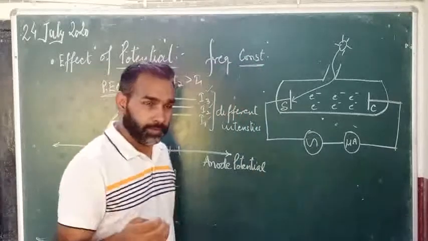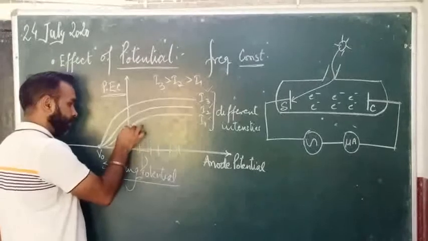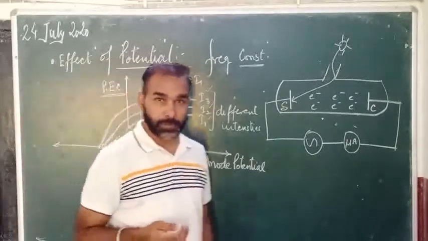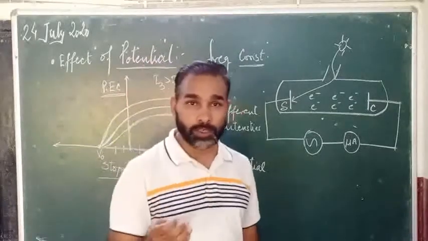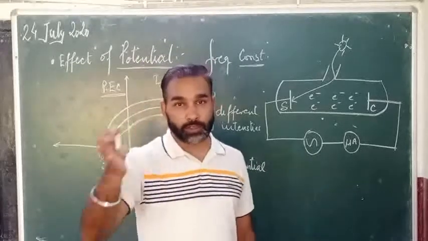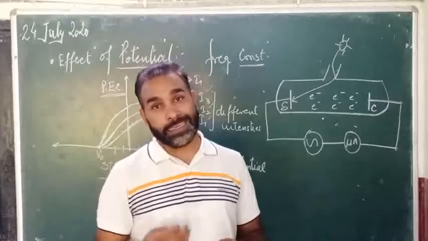This is the photoelectric current value when no potential is applied. Okay, now potential is applied. As soon as the positive potential is applied, what happened?